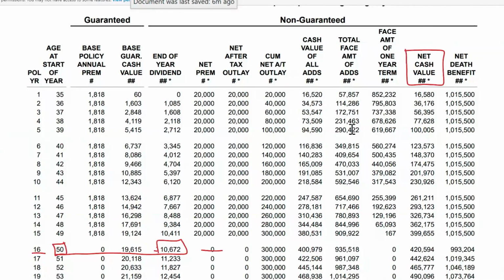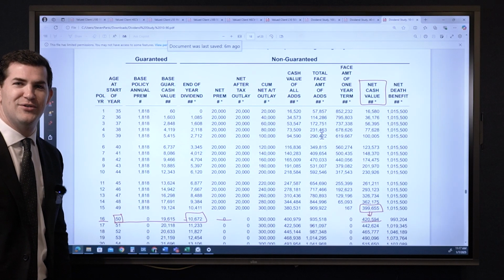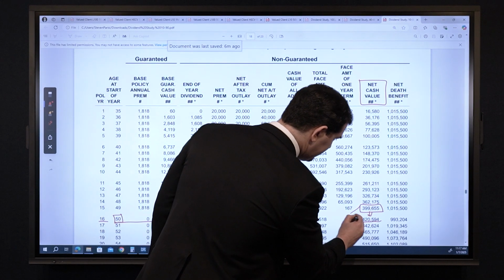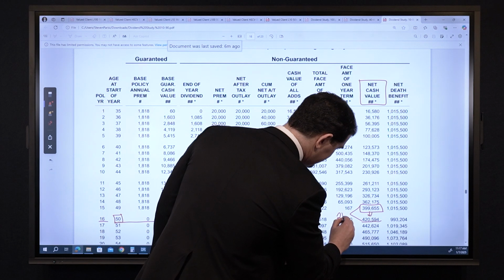Here's your money column, net cash value. At year 15, your value is $399,000. The next year, you paid 0 in, and it's worth $420,000 in change. Is that more or less than the $10,000 dividend? It's more. It's about double, a little bit more than that, about $21,000.